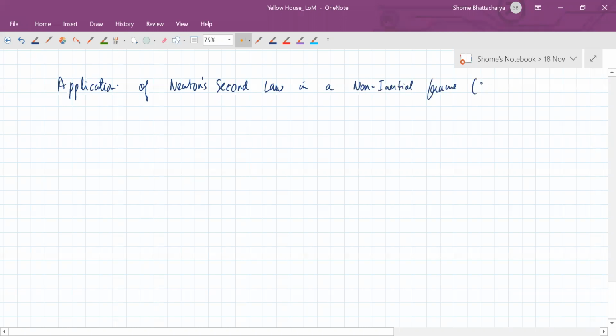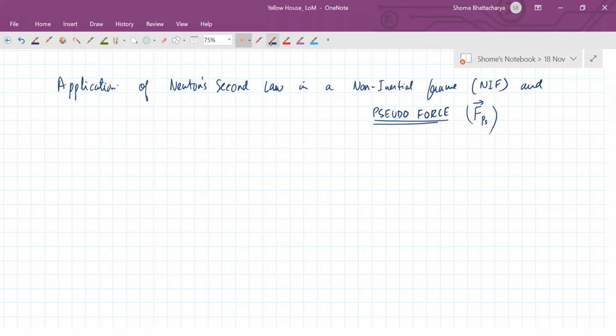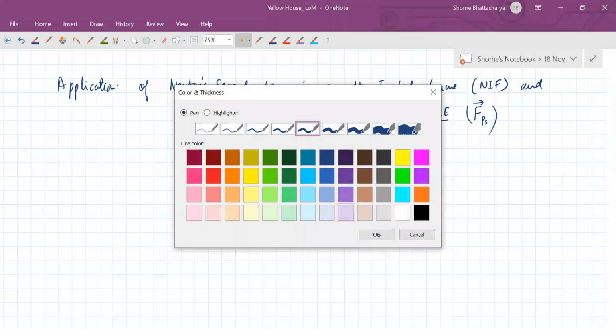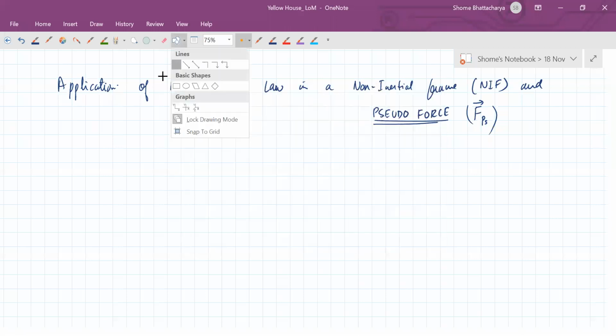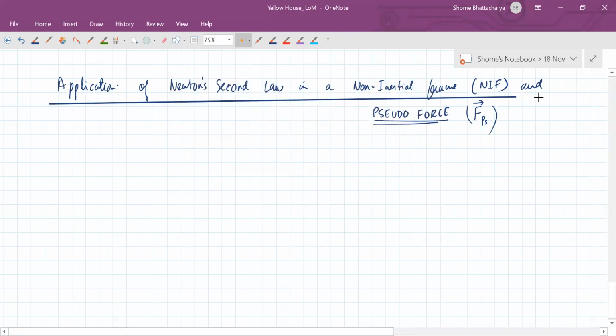From now on, we will use the short form NIF for non-inertial frame, and for pseudo force we'll give the short form FPS. So let us understand this in detail. Then, of course, we'll come to pseudo force.